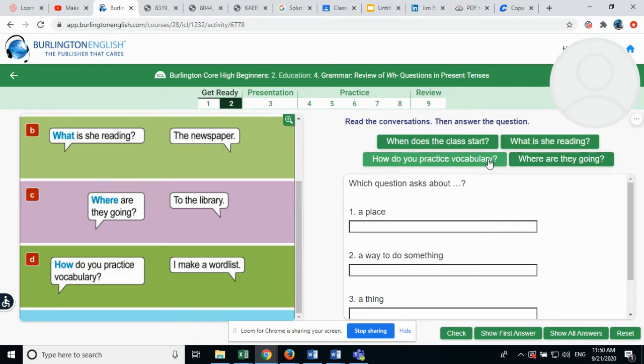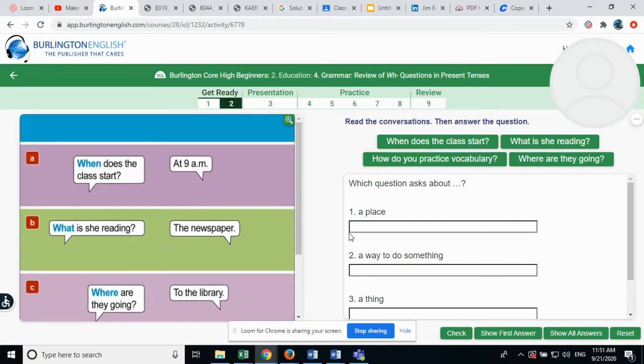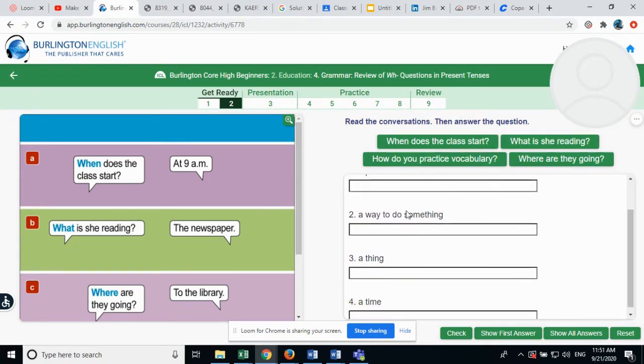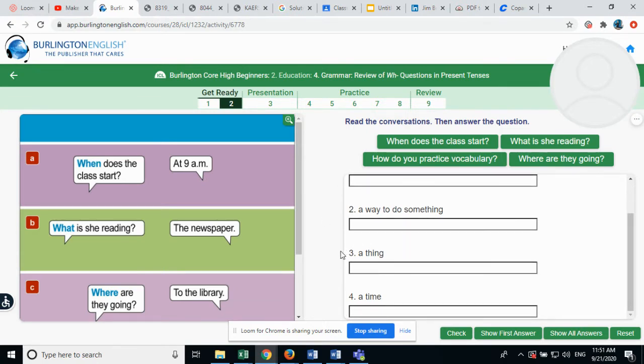Okay, so what do we use to ask about place? Which question of these is asking about a place? A way to do something. A thing.